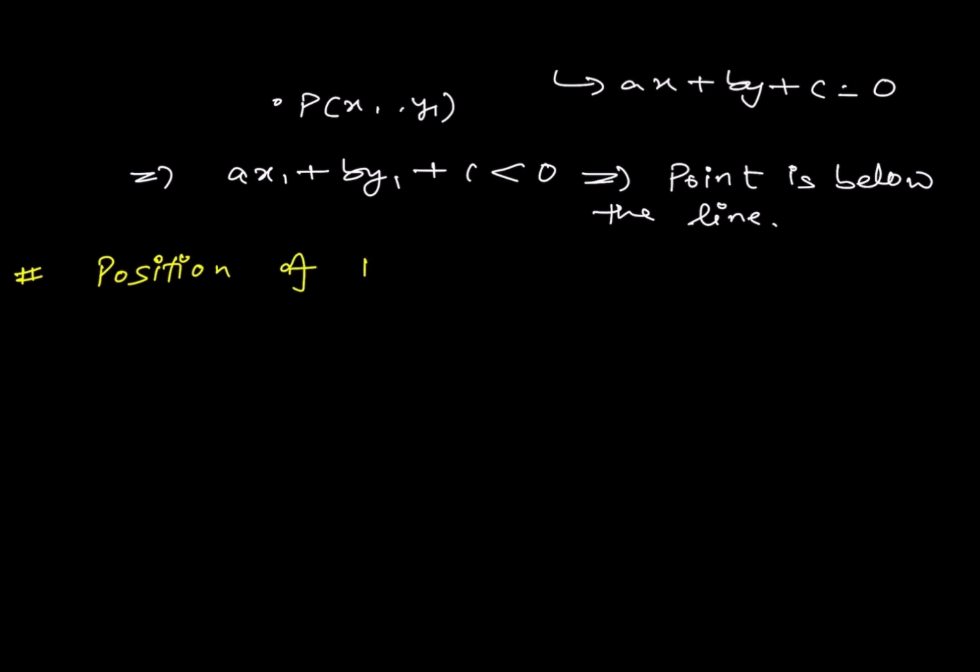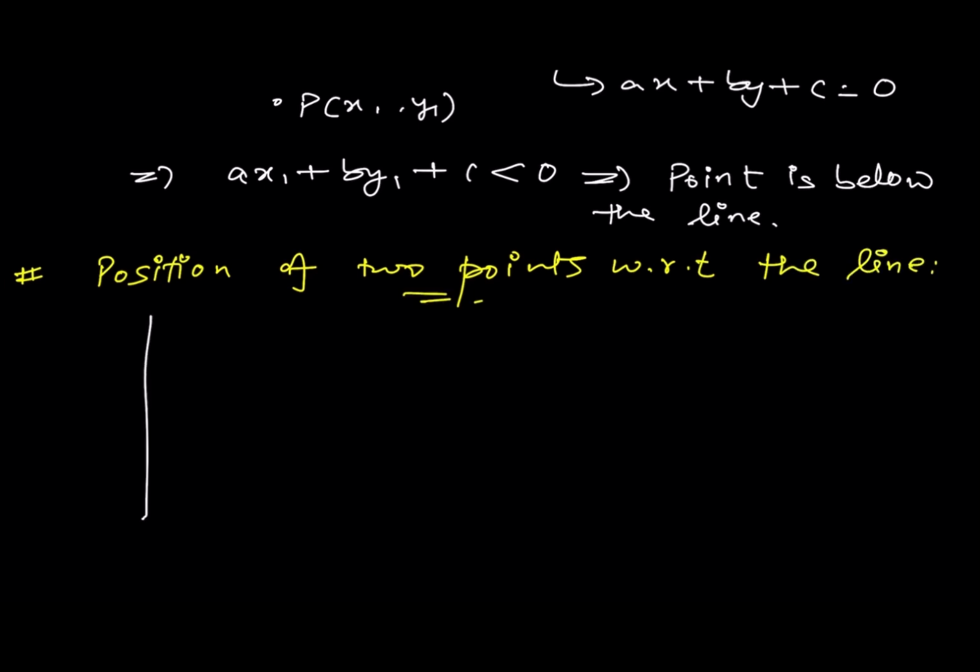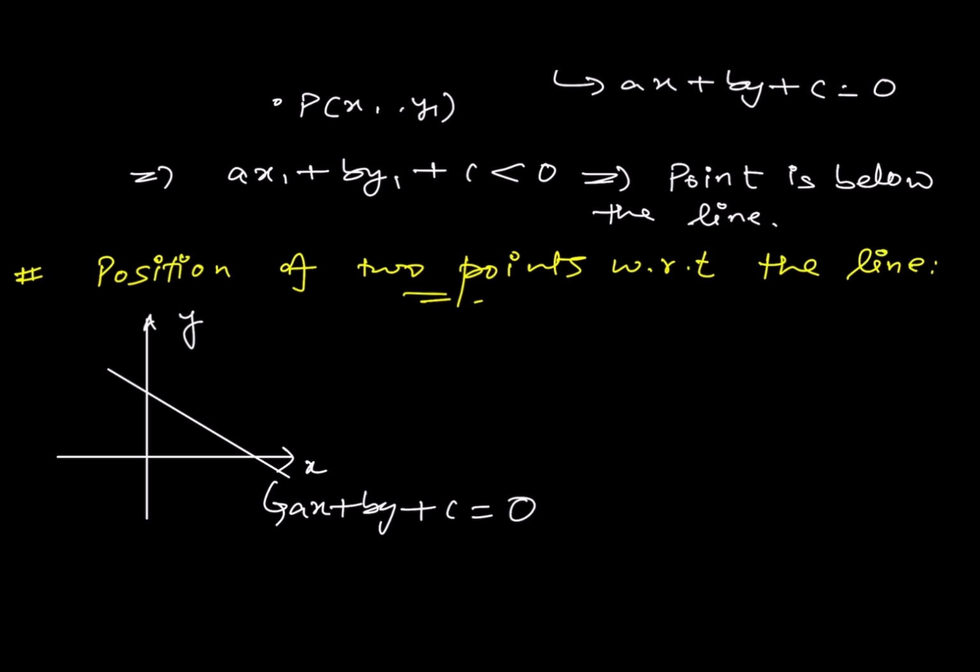Position of 2 points with respect to the line. Let's say this is case 1, the line ax plus by plus c is equal to 0. Here is point P and here is point Q. Coordinates of point P are h comma k, coordinates of Q are p comma q.